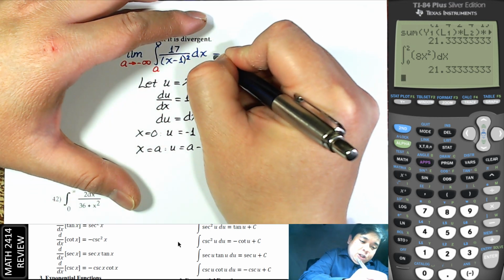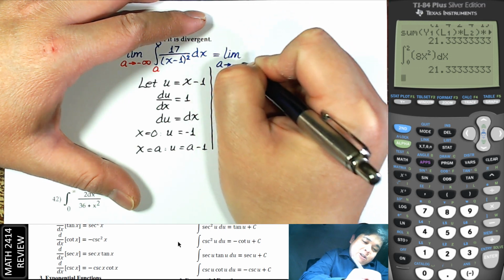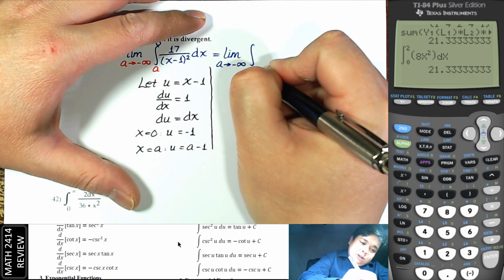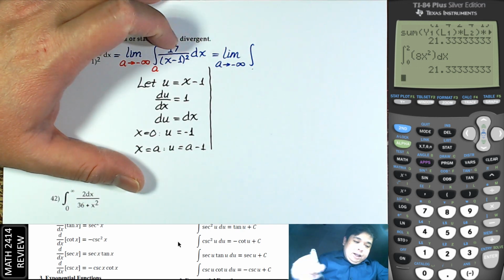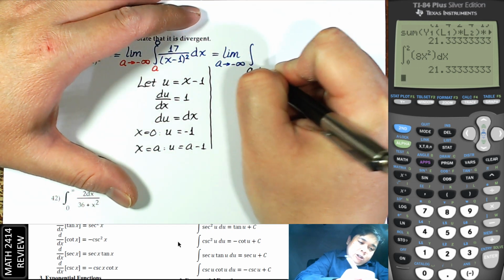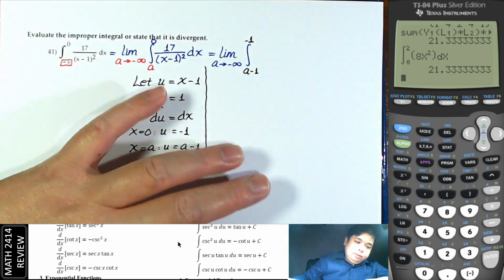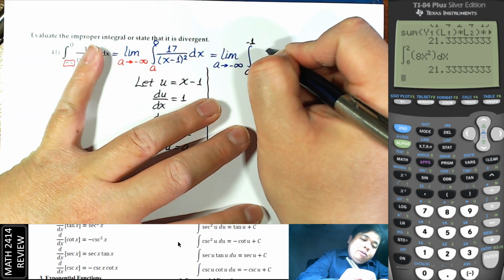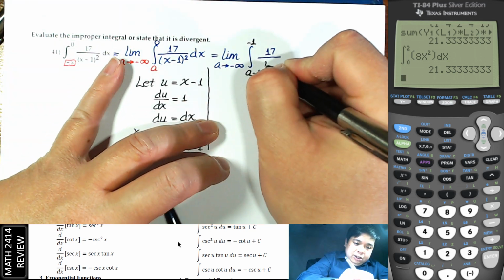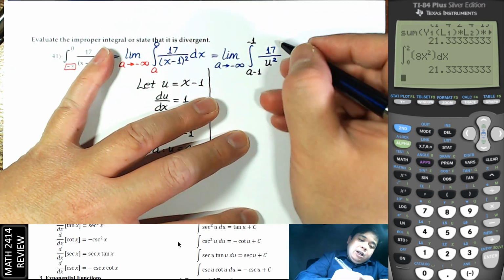Now we have the substitution. First of all, the limits. Now the limit will change from a minus 1 to negative 1. And we have 17 over u squared, and dx is du.